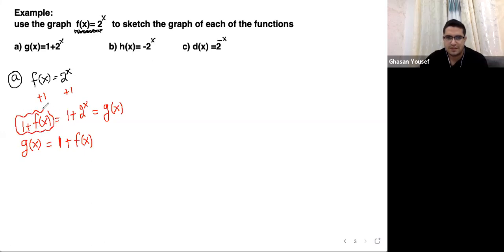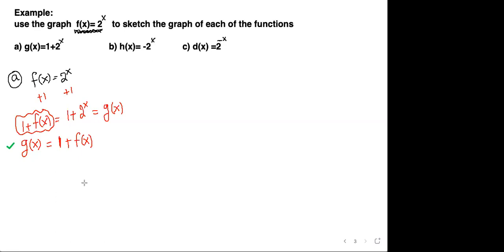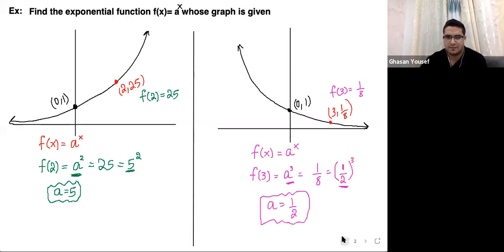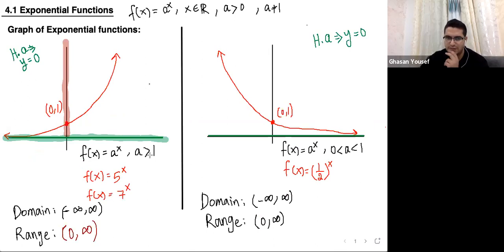So what does that mean? Anyone can remind me what does that mean from the previous sections? Does it mean like up one? Yes, exactly. We have to shift the original function. This is my original one. We have to shift this function 1 unit up. So I know how to graph this function. I said if a is greater than 1, the graph looks like this.